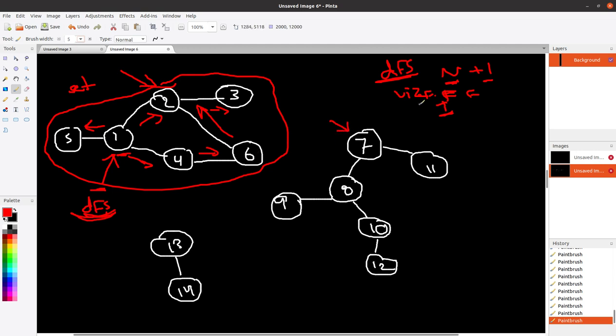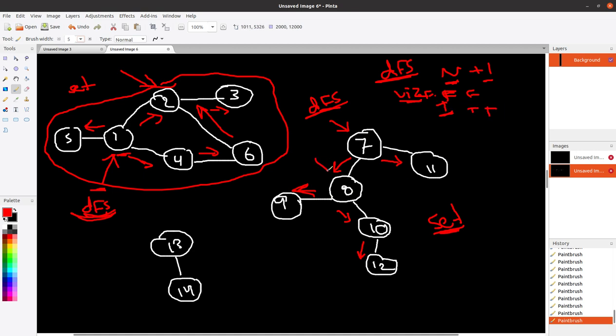For 7, the value will be false, so we will call DFS for node 7. By calling DFS for node 7, we recursively collect all the nodes that can be reached from node 7, and we push all of these nodes into another set. By the end of this DFS, all these nodes are visited.